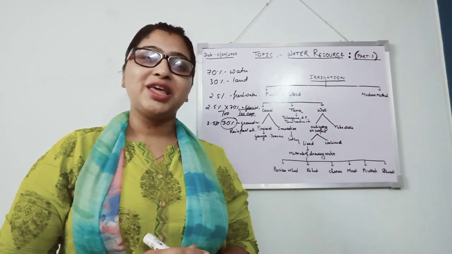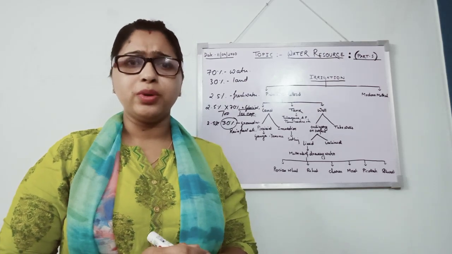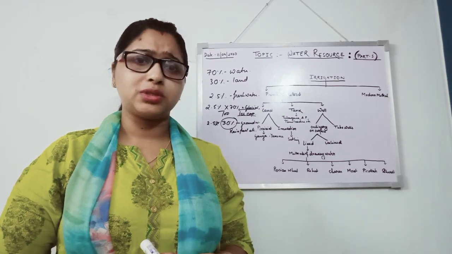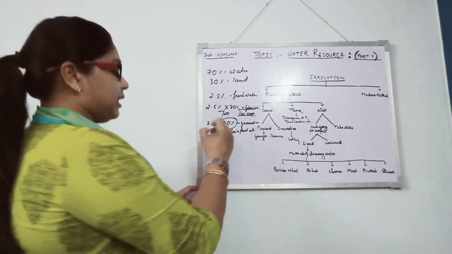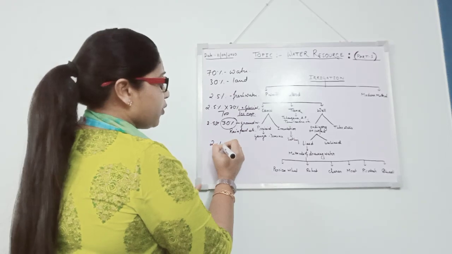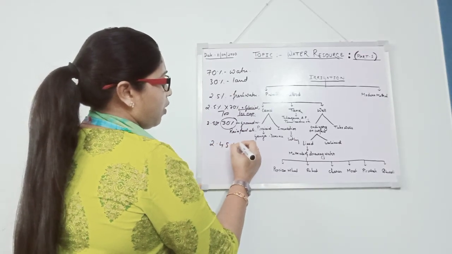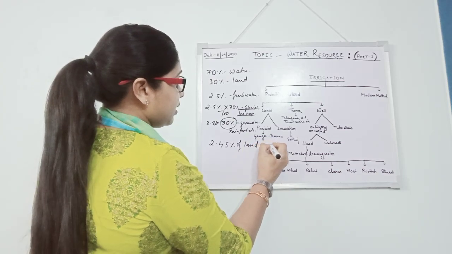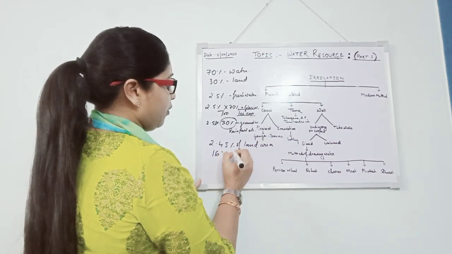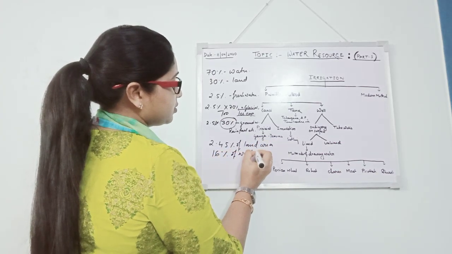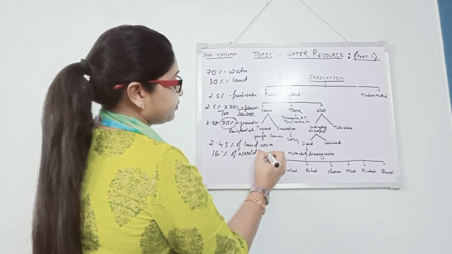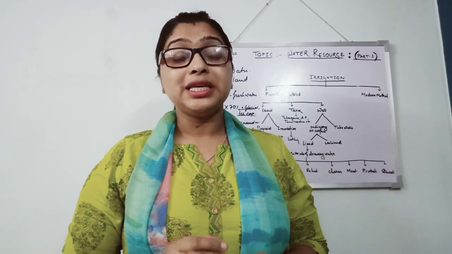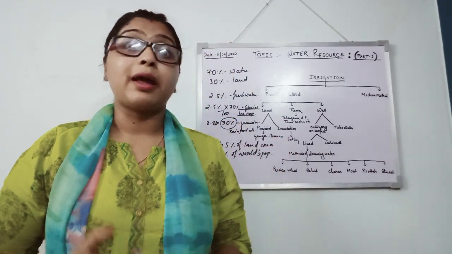Here students, you will also be surprised to know that India, which is also known as the subcontinent of the world, occupies 2.45% of the total world land area, and it has 16% of the world's population, and this population is increasing at a very rapid rate.